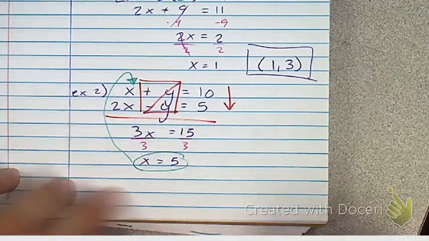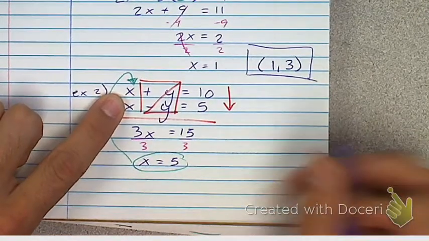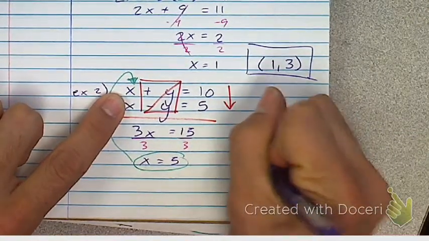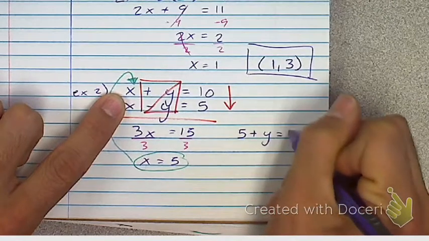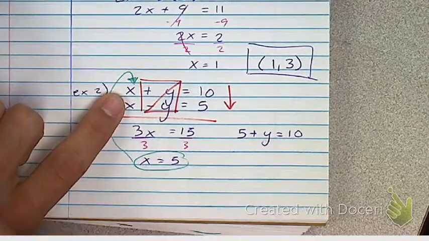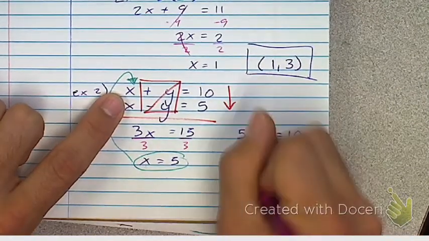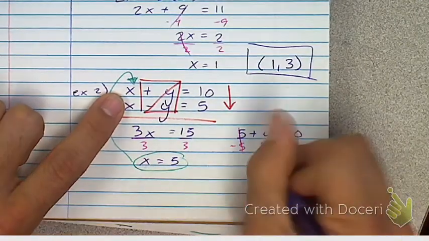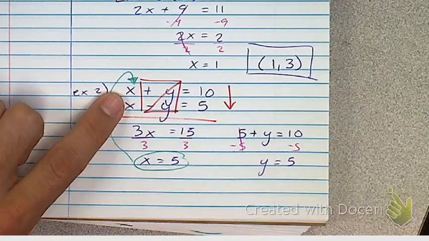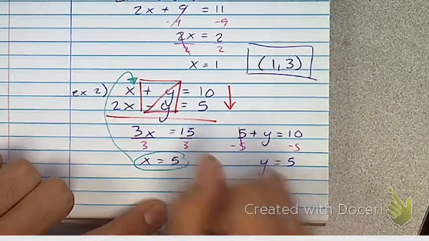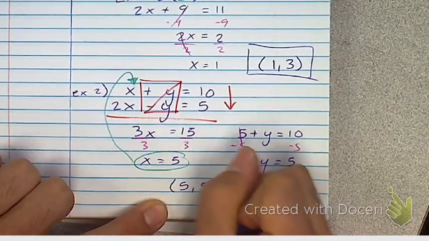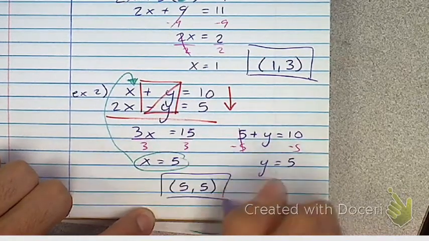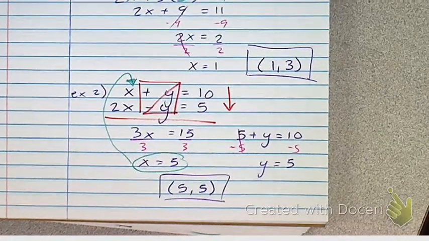So you plug it in, instead of an x, I'm going to write the 5 plus y equals 10. Subtract the 5. y equals 5. So what's my answer? (5, 5). Any questions?